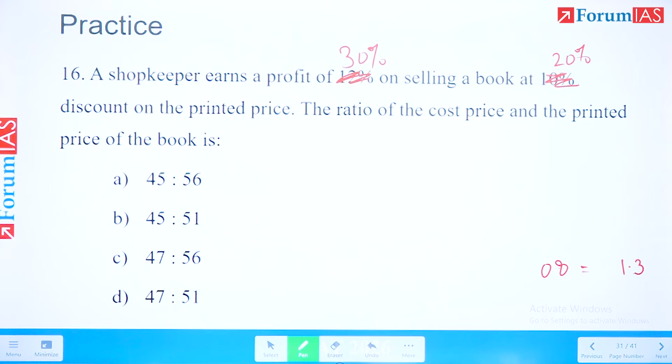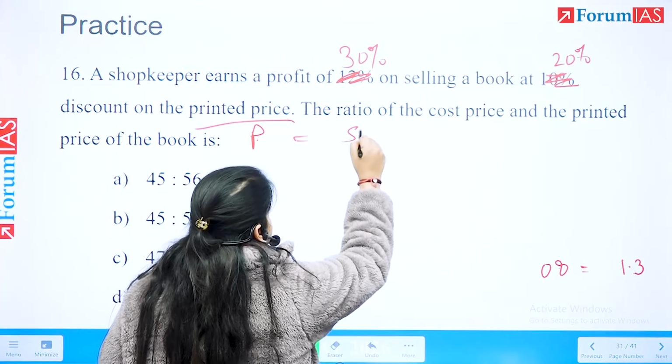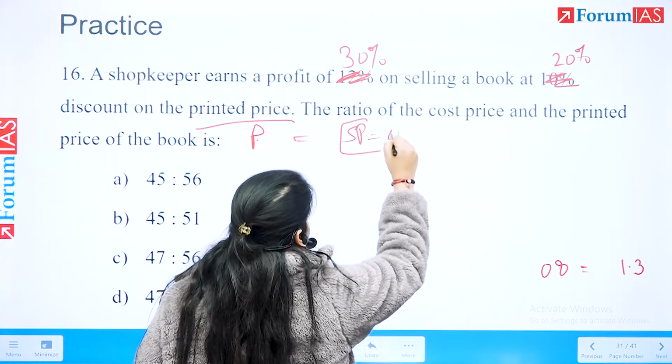This is the answer. 8 by 13. Because it is 0.8 upon 1.3. Why? Because printed price was P. If P was the printed price, the selling price was, with a discount of 20%, 0.8 times P. I hope यहाँ तक सबको clear है.